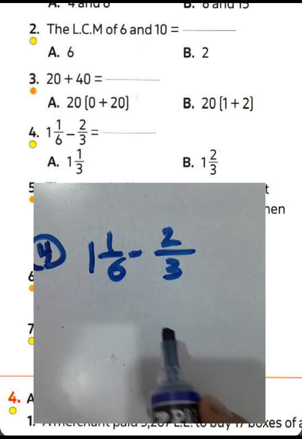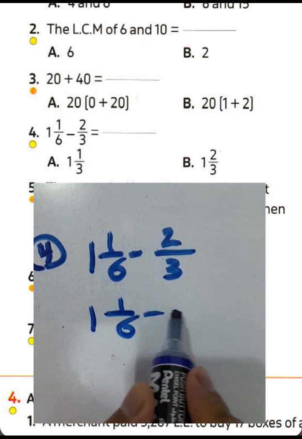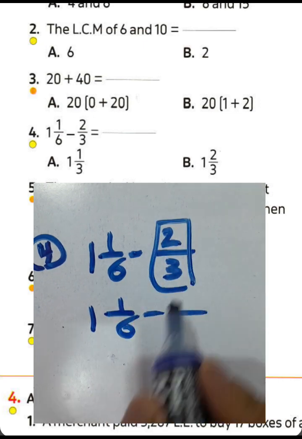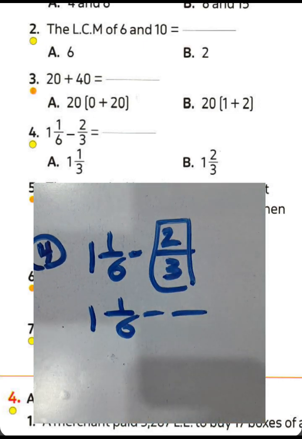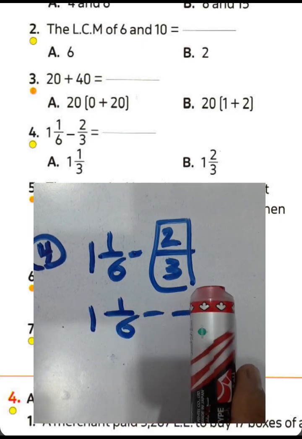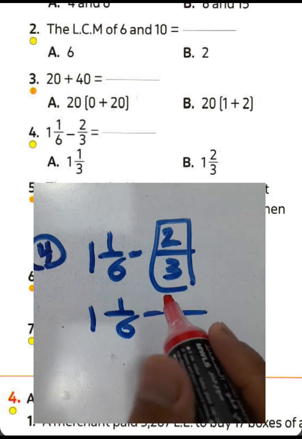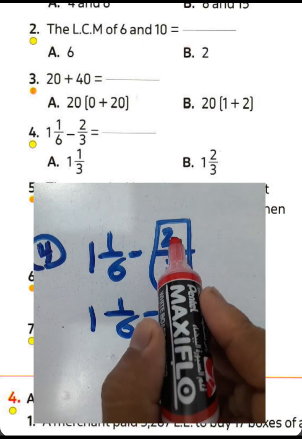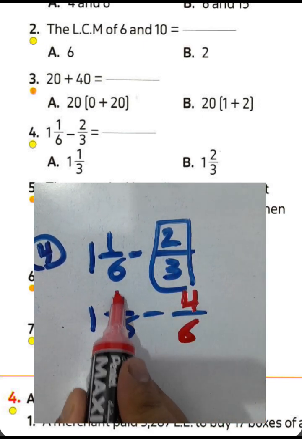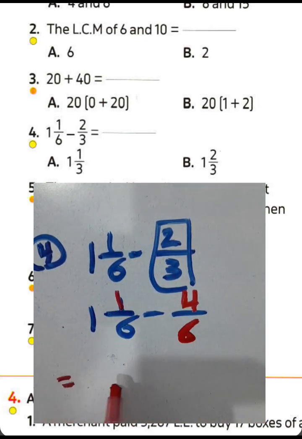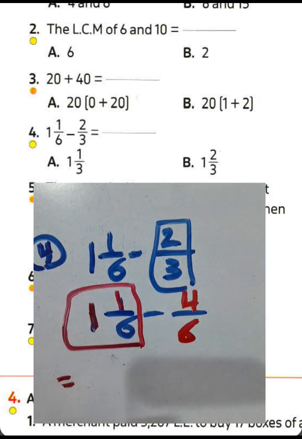Why? Look at here. When you convert this fraction, you will get the numerator 1 subtract by 4. No, we can't do it because 2 times 3 equals 6, 2 times 2 equals 4. 1 minus 4, we can't do it. Then we must convert here from improper to mixed number.